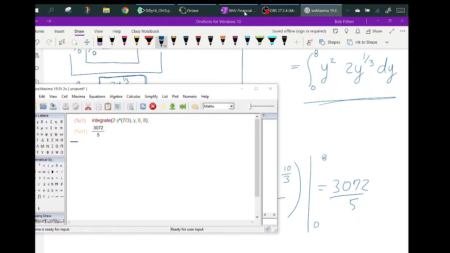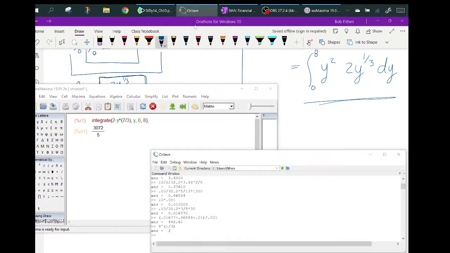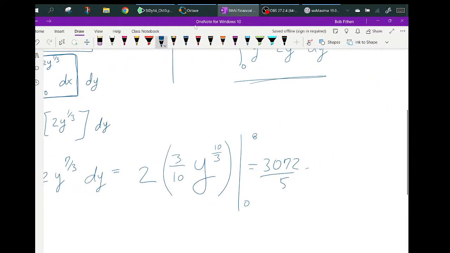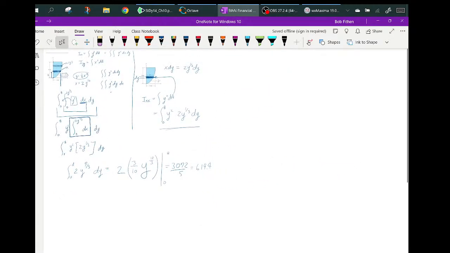Let's say you want to turn that into a decimal: 3072 over 5 is 614.4. I think that's the right answer, I think.